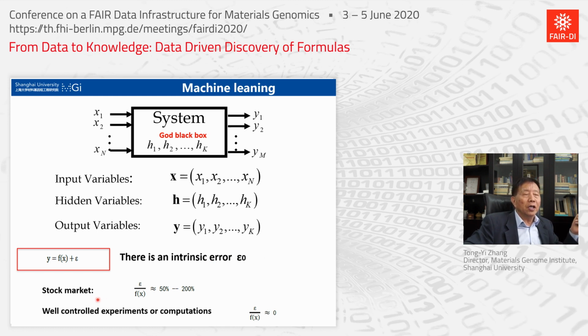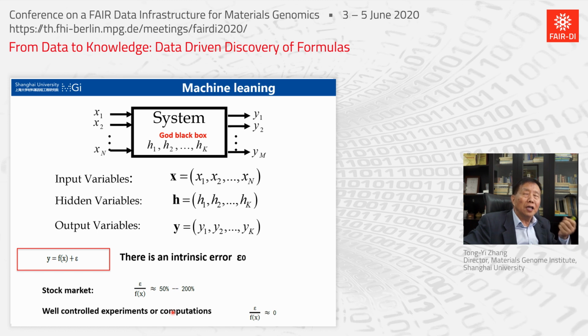For example, in the stock market, you cannot get enough information, so those errors could be 200%. So if you want to make money from the stock market, that is very, very difficult. However, in science and engineering, we can improve our experimental setup, the software and hardware.